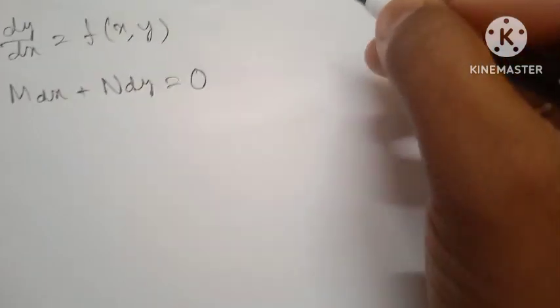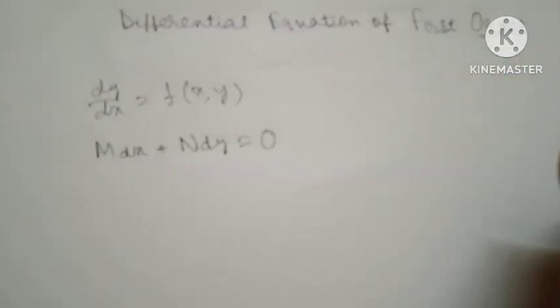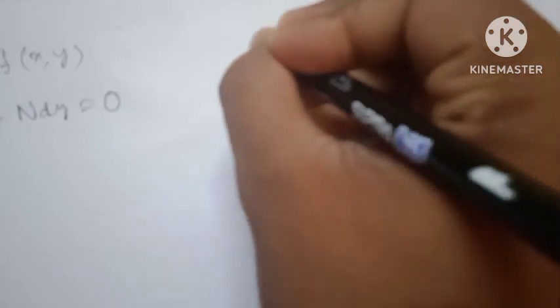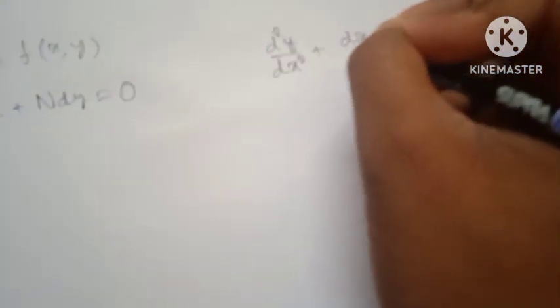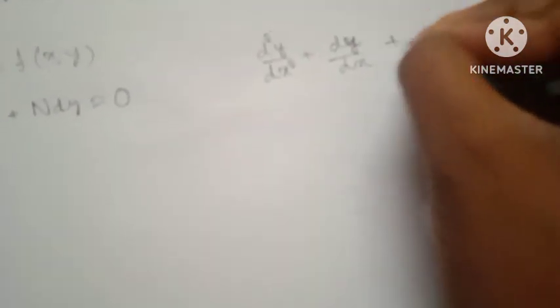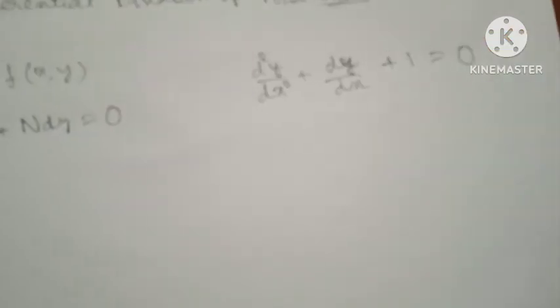Now we have to know what is order and what is degree. Well, order is, for example, we take this equation: d square y by dx square plus dy by dx plus 1 equals 0.